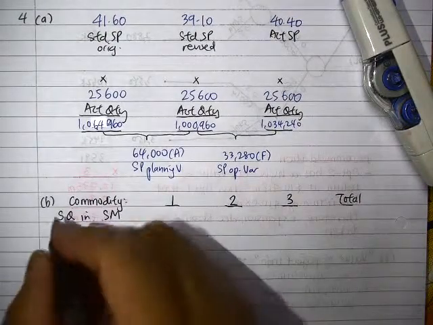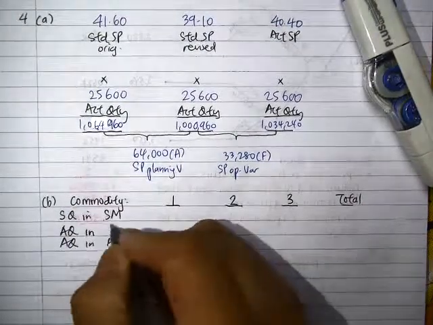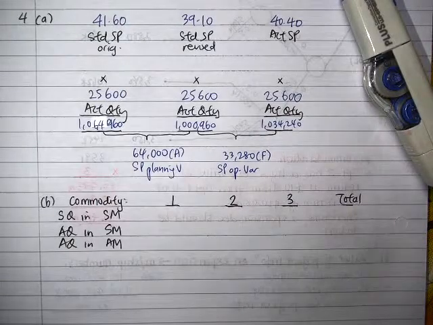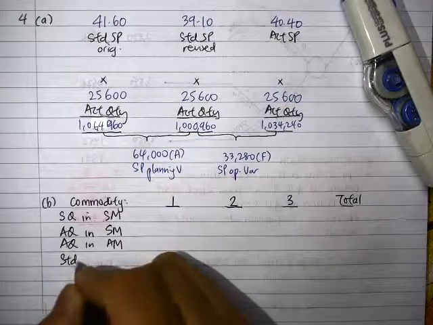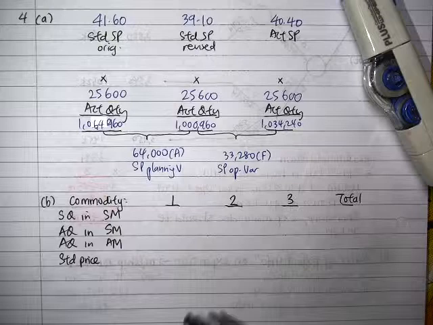And then the middle one is what? Is actual quantity, standard mix. What's the fourth one? Standard price. Okay. You fill in the standard price first.